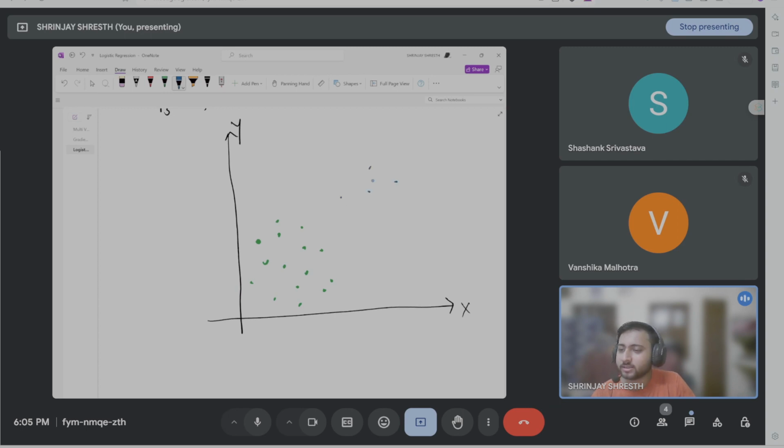These are your other class. Okay. So for the sake of, let's say, this is your CGPA and this is your placement, right?